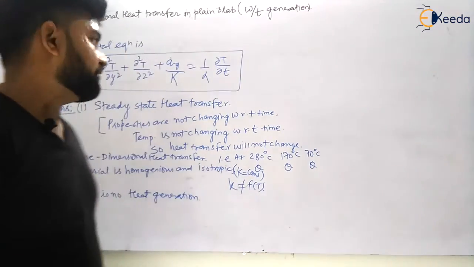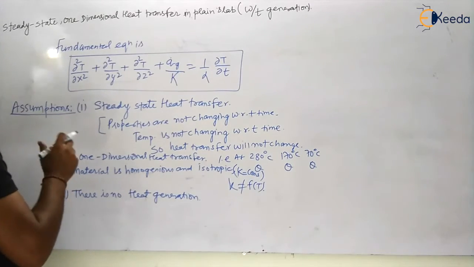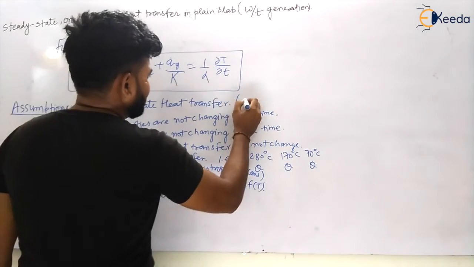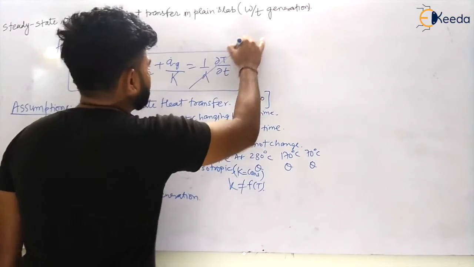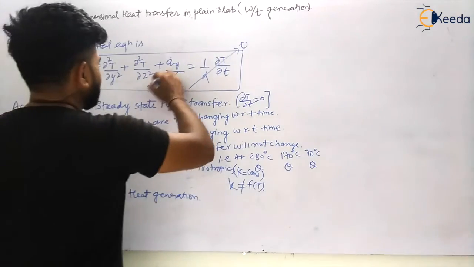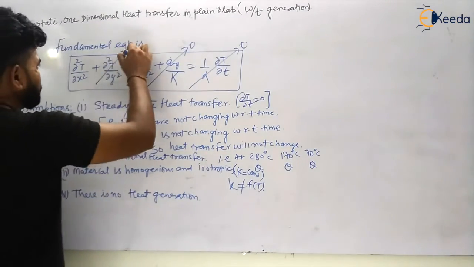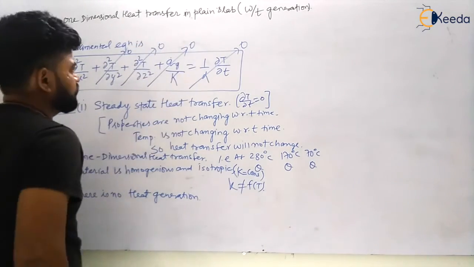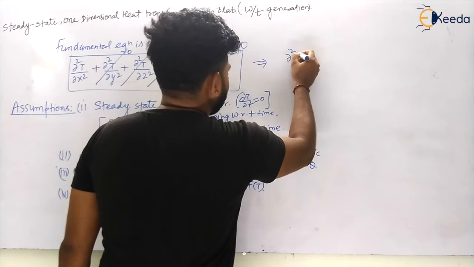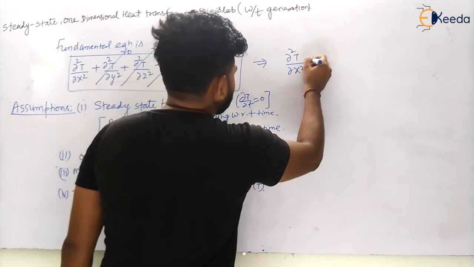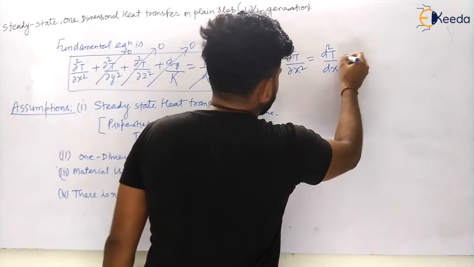So what we can have by these assumptions, let us see. When there is a steady state heat transfer, that means del T upon del small t will become equal to 0. So this part will go. Now there is no Q generation, and there is one-dimensional heat transfer, so the other parts will become 0. So the equation will become del square T by del x square, which can be written as d square T by dx square is equal to 0.